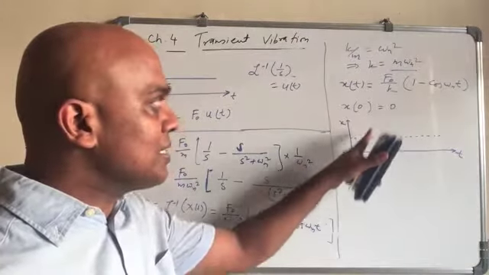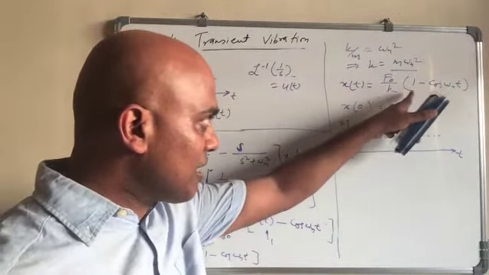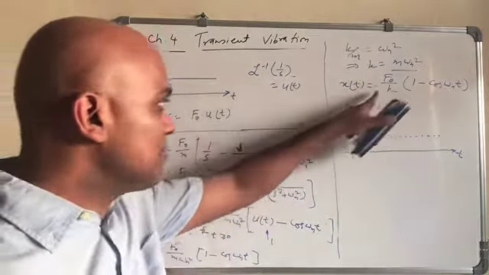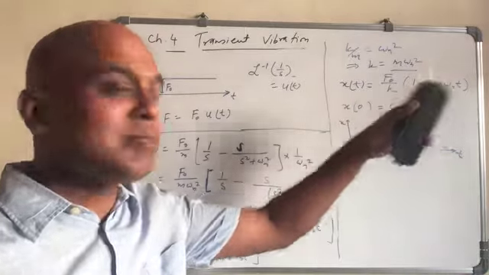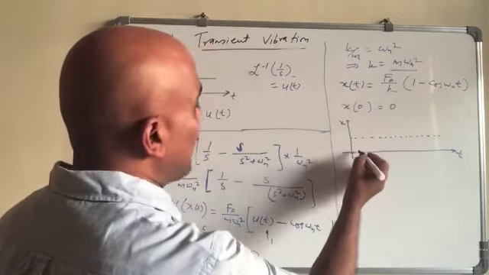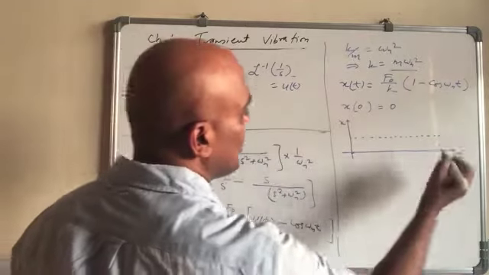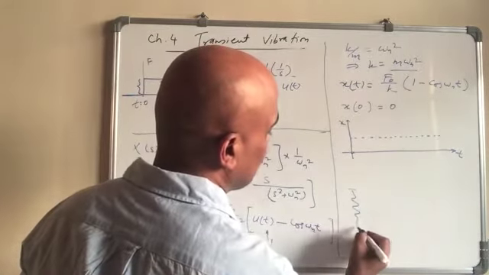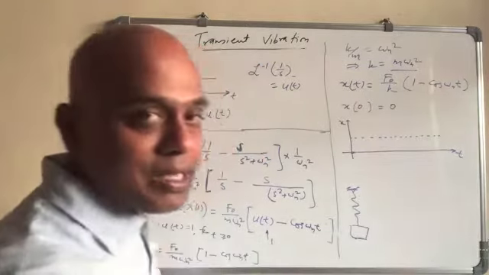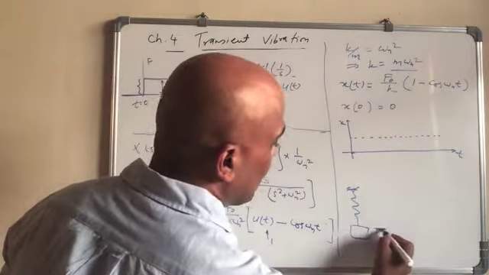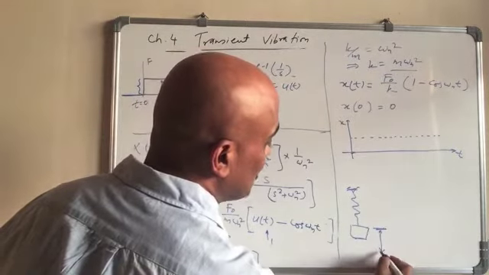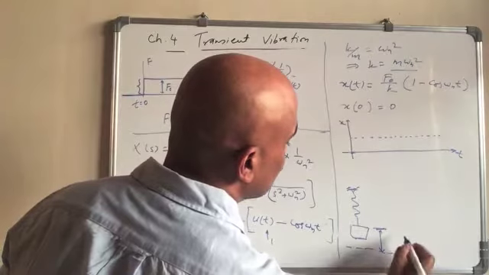So this constant term really means that the first effect is that the mean position changes. The mean position was earlier here. After applying the load, if the spring is like this, this earlier mean position will change.